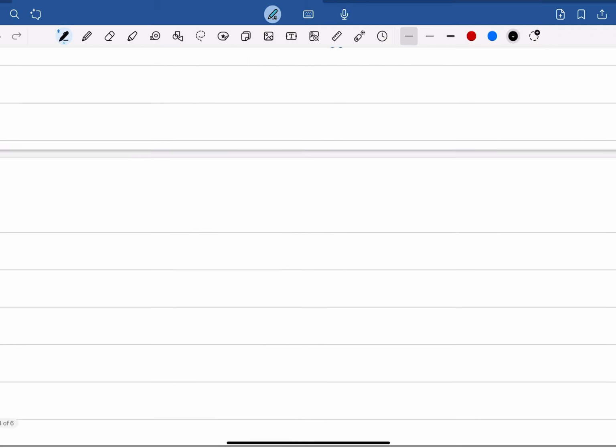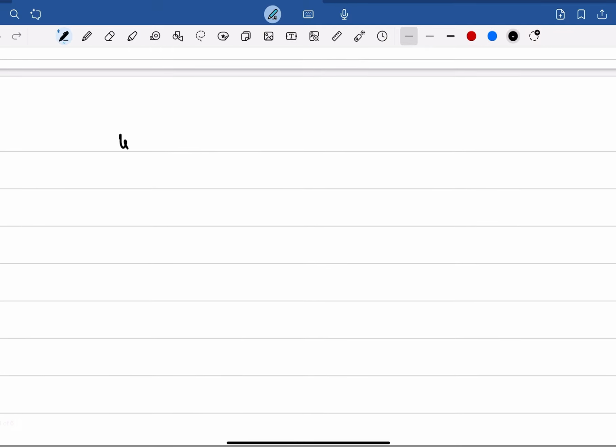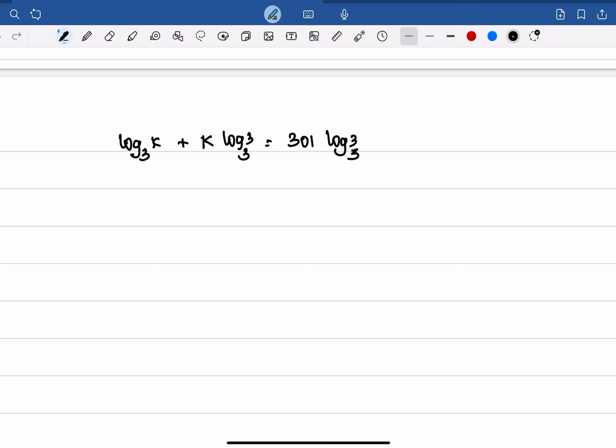This equation becomes log k to the base 3 plus k log 3 to the base 3 is equal to 301 log 3 to the base 3.